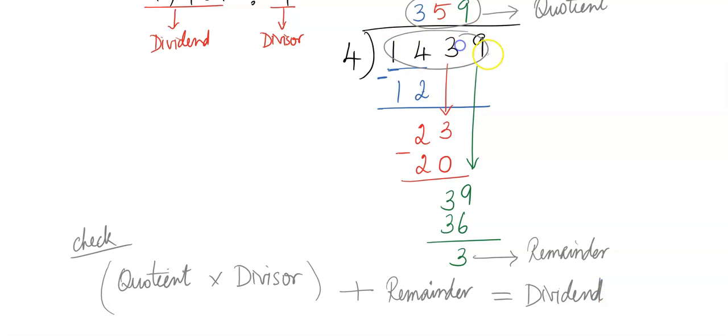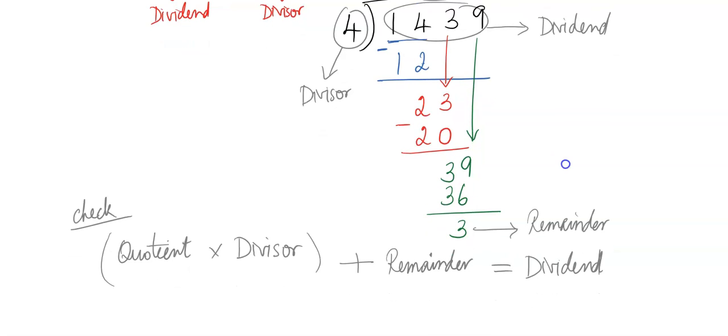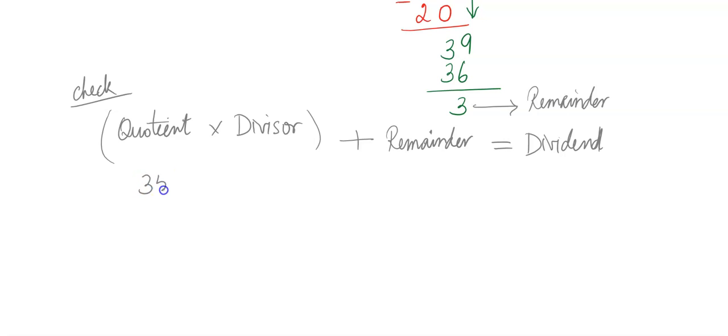So let me again point to you that this is the dividend. We already wrote that in red, but just for a quick clarification. So 359 times 4. So this is what we're trying to do here. You need to do this first, plus the remainder 3. Okay. So 359 times 4.